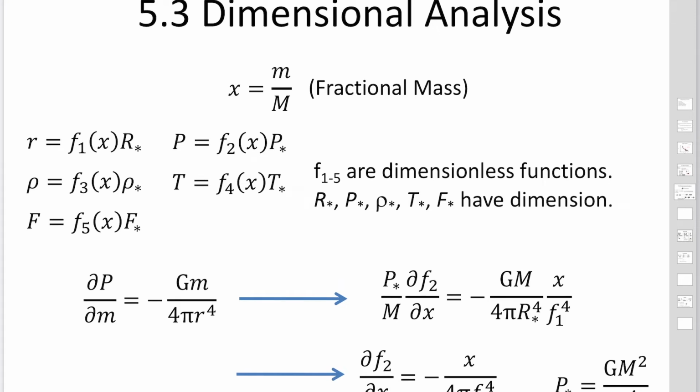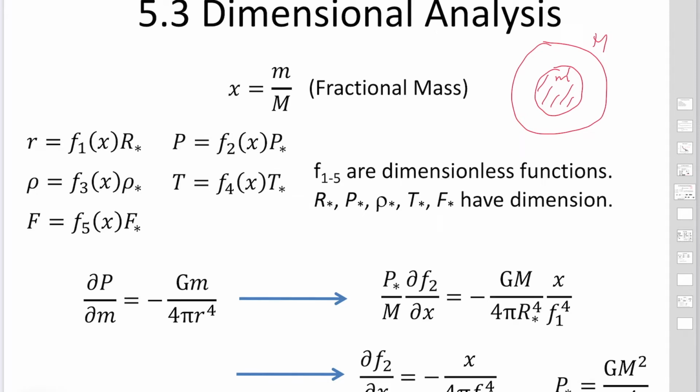So in the dimensional analysis, we consider all the quantities are expressed by the mass. So total mass of the star is expressed as capital M. If you take some region of the stars, mass inside of this sphere is expressed as lowercase m. The position r is a distance from the center.